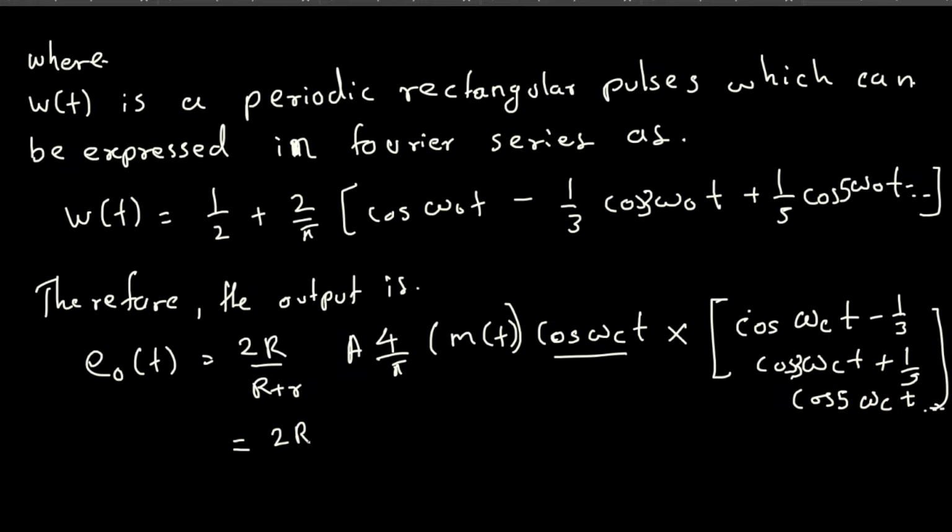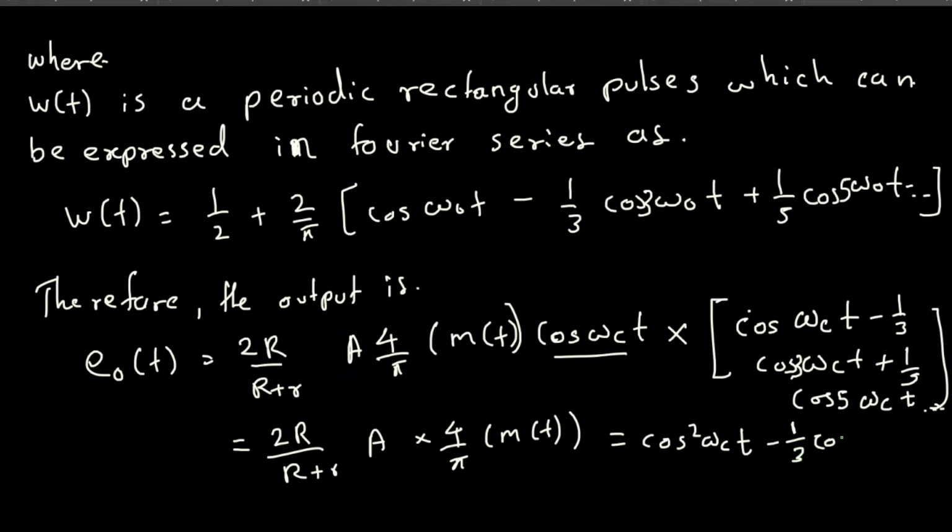So we will end up with 2R over R plus R, A times m of t times cos squared omega c t minus 1 over 3 cos omega c t times cos 3 omega c t, and then plus 1 over 5 cos omega c t times cos 5 omega c t, and so on.